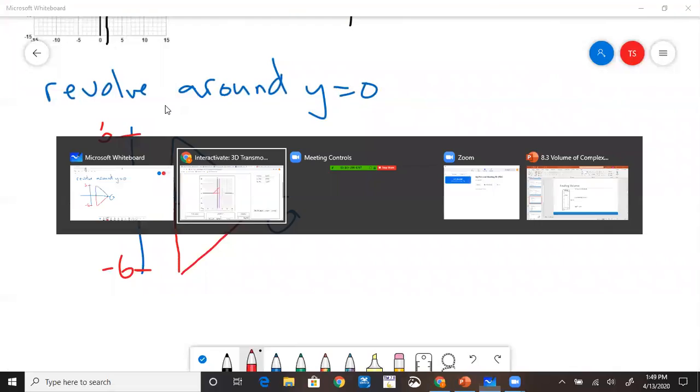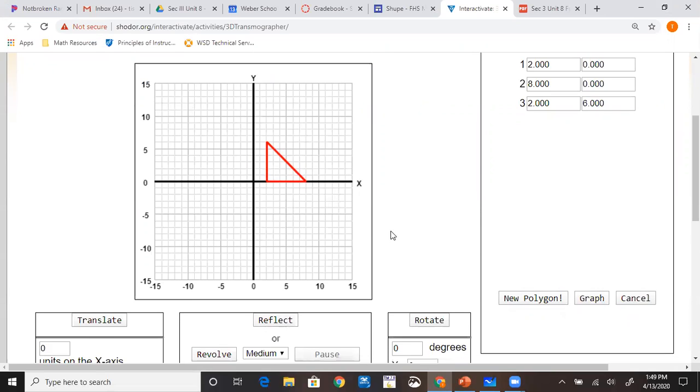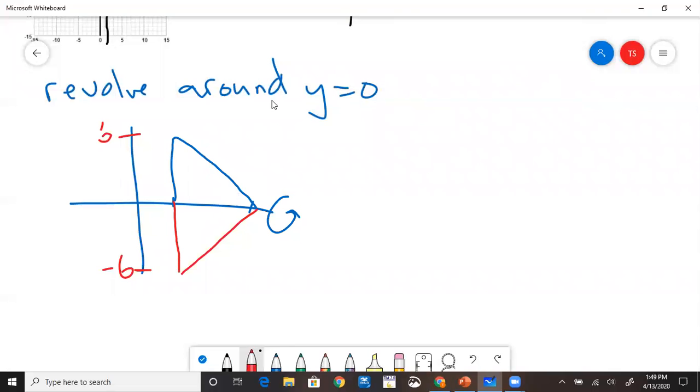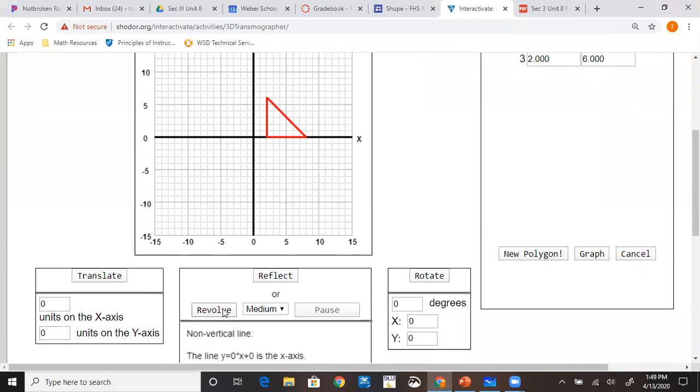Well, let's see that over here. So if I graph my original, that was our original triangle right there. So I want to come down here, click in this circle now because I have a y equals line. We said we wanted to go y equals 0. So I want to make sure that this number here is the one that I have as 0. And I'm going to revolve that. When I revolve that, it's going to give me my three-dimensional object.